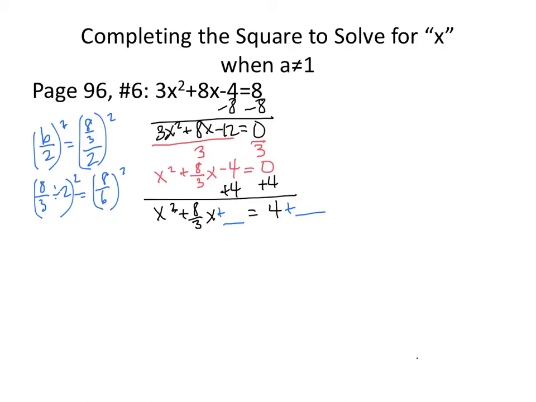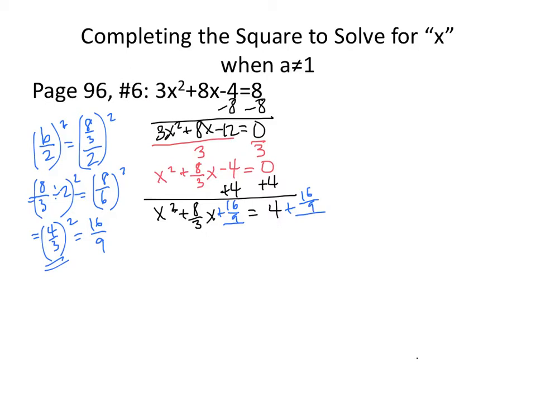If I simplify the inside, I'm going to get 4 thirds squared. And now to get rid of the squared, it'll become 16 over 9. So I'm going to put 16 over 9 on both sides.